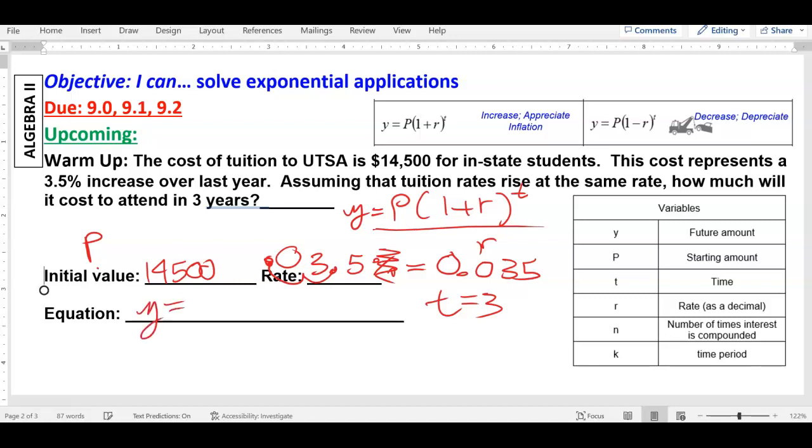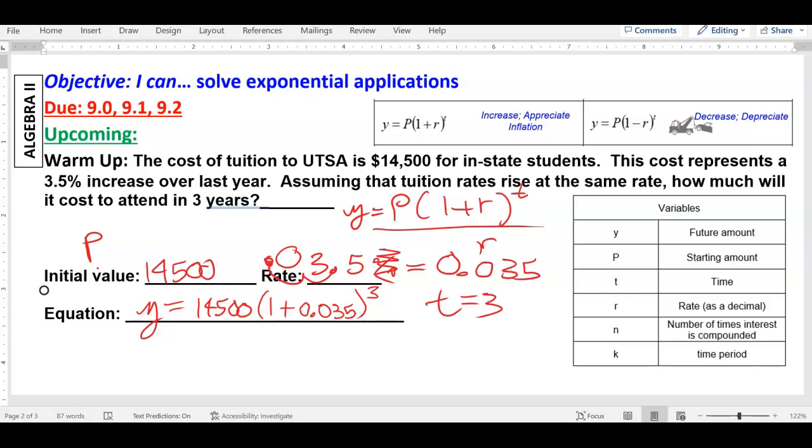So Y equals P, 14,500, parentheses 1 plus R, which is 0.035, to the power of T, which is 3. P, 1 plus R to the T. Please be careful in the future, if you see one that says depreciating or decreasing, you would put a minus sign in the middle. But this one's plus.